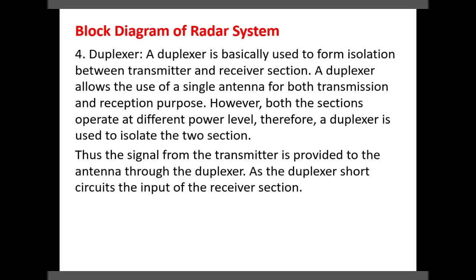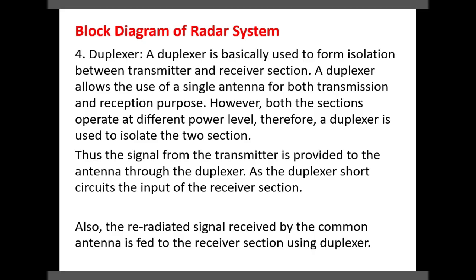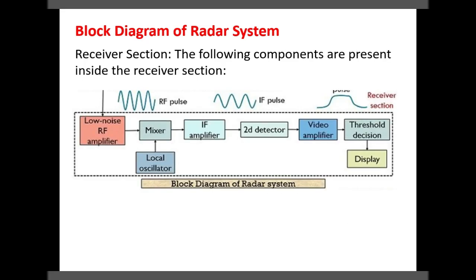So it is a switch which allows the antenna to be connected at a time only to the transmitter or to the receiver. Also, a re-radiated signal received by the common antenna is fed through the duplexer to the receiver. Now this completes the transmitter description.